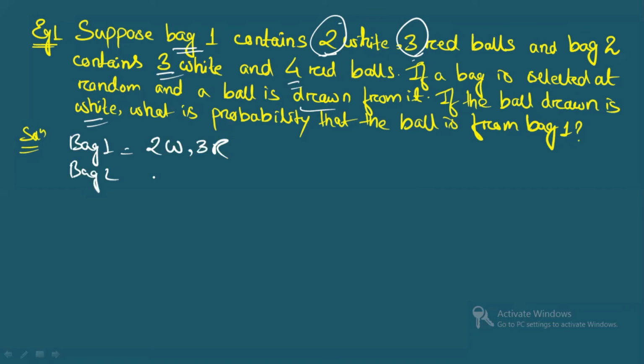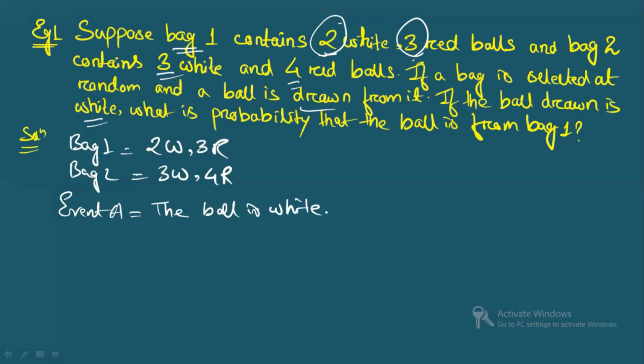Bag 2 has 3 white and 4 red balls. Now you see event A. We will see which one is event A, what is B1 and what is B2. So event A is that the ball is white, the event which has already occurred. Clear?